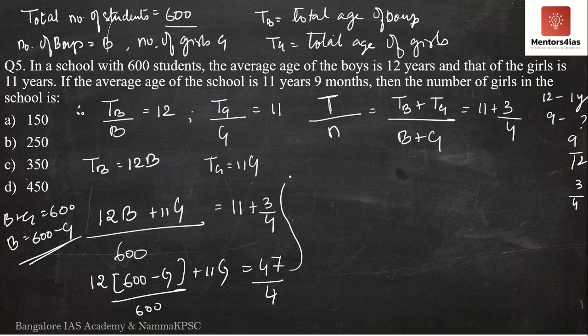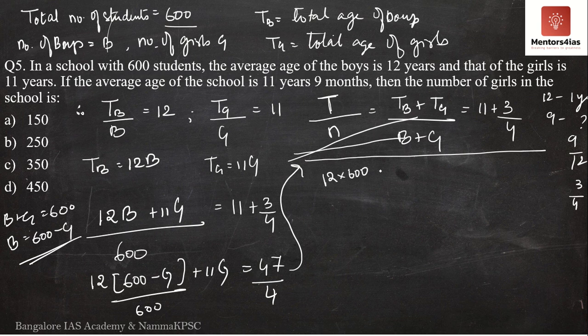So I'm going to take this over here. Okay, so sorry, I'm going to write this below this line. So opening the bracket, we have 12 into 600 minus 12G plus 11G is equal to 600 into 47 by 4.